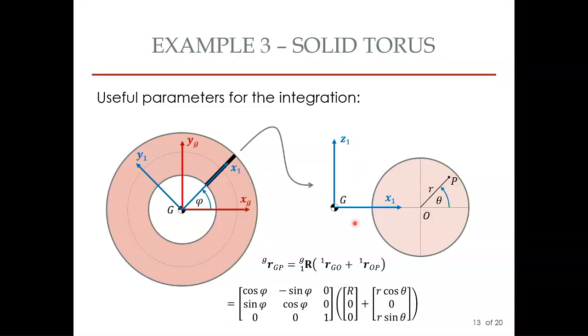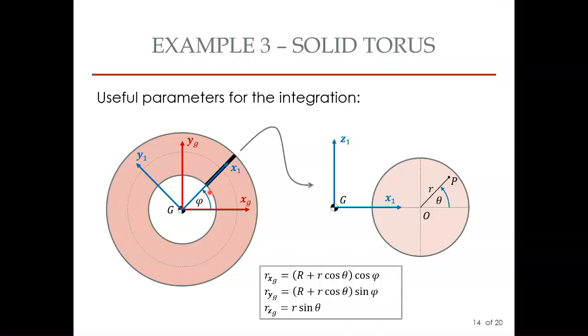So from G to O, that is R along the x1 axis, and then from O to P, which is this r cosine theta and r sine theta. And then I'm shifting from frame 1 to frame G, the red frame G. So this is the rotation matrix using this phi here. Okay, I'm sure if you don't get it right now, you'll get it with one more look.